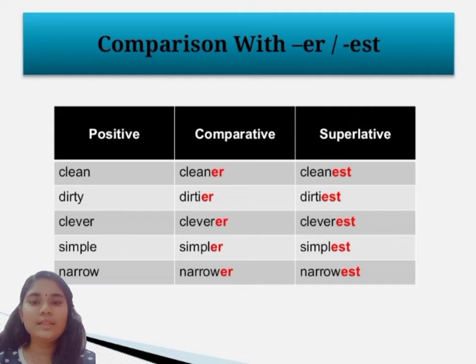Second, dirty becomes dirtier in comparative and dirtiest in superlative. Clever, cleverer in comparative and cleverest in superlative. Simple becomes simpler and simplest. Narrow becomes narrower in comparative and narrowest in superlative.